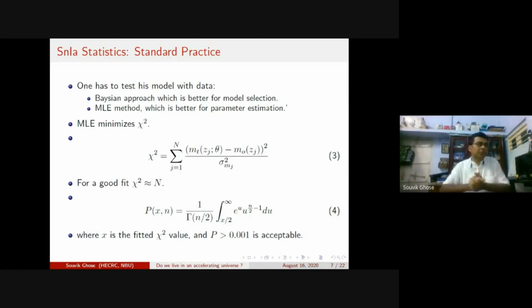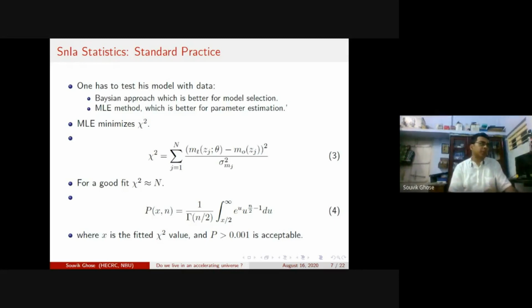In the classical method, we have a model with some parameters, and we have a set of data. We try to fit the model with the data and obtain the best fit parameters. Additionally, we try to have a measure of how good the actual fit was.